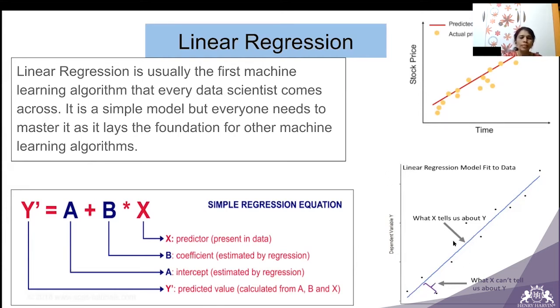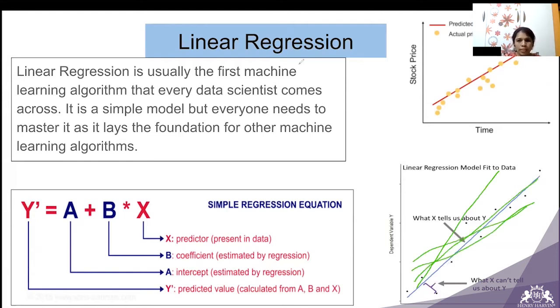What is the aim of building a linear regression model? There are points for x, and what we try to do is find a best fit line. These are the data, so we can draw any number of lines, but which is the best line, we do not know.